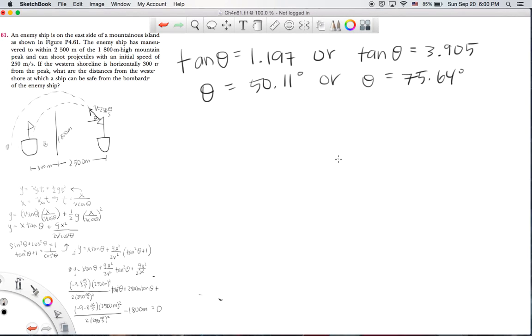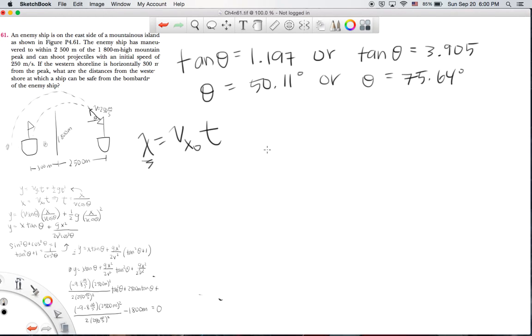So since we have the thetas, we can go back, and since we want to find the total range in the x direction that we can have from these theta, we'll have to use kinematics plugging these values in. So we know that we want to use the equation x equals v_x initial t to find the horizontal range, but we don't have t.